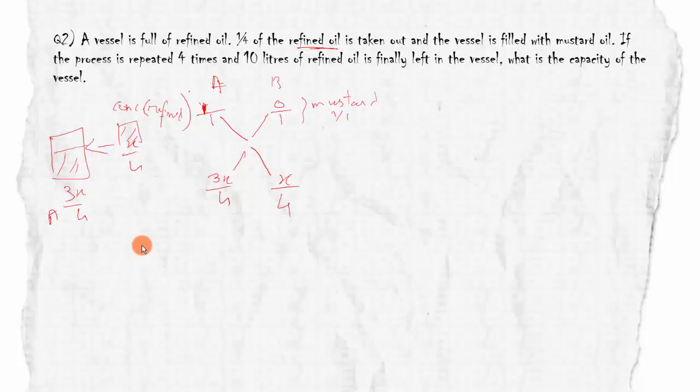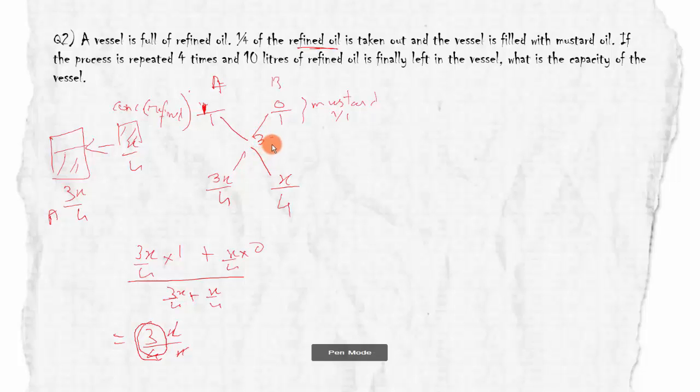So what we got here: 3x by 4 times 1 plus x by 4 times 0, divided by 3x by 4 plus x by 4, which is equal to 3x by 4 over x, and x cancels. So we got 3 by 4.